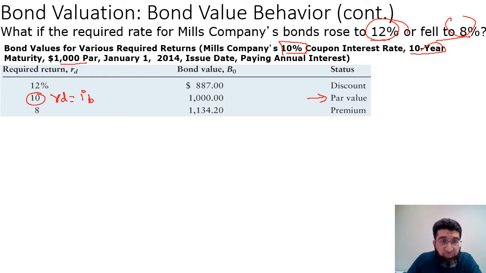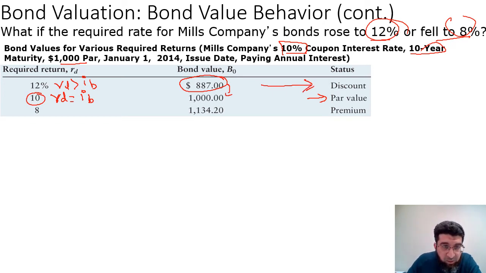That's the nomenclature. If RD is greater than the interest rate offered on the bond, then the bond's value will be lower than $1,000 and it's said to be traded at a discount.